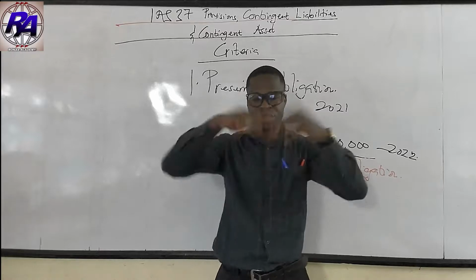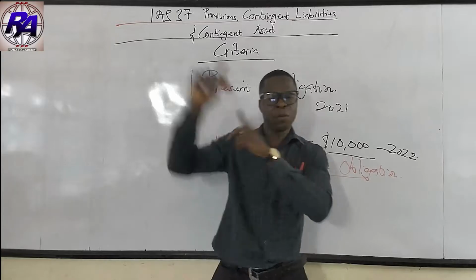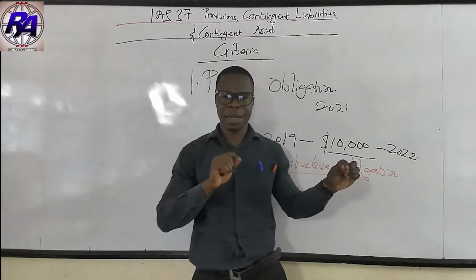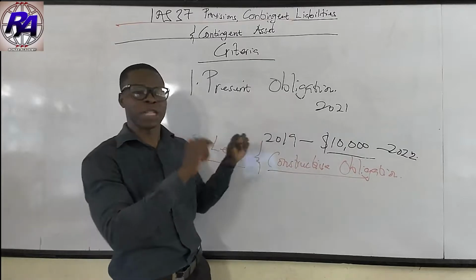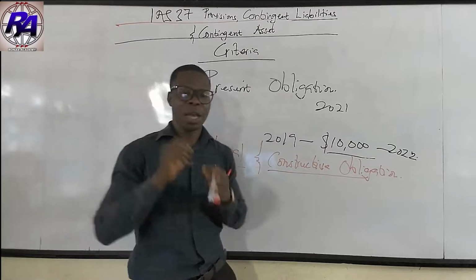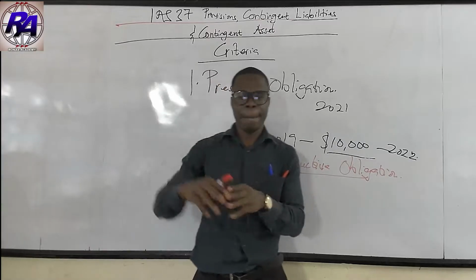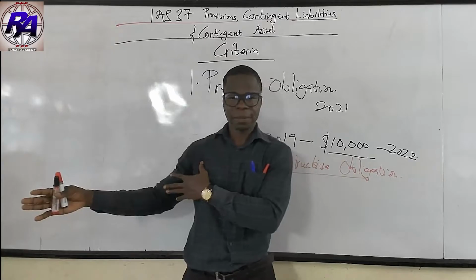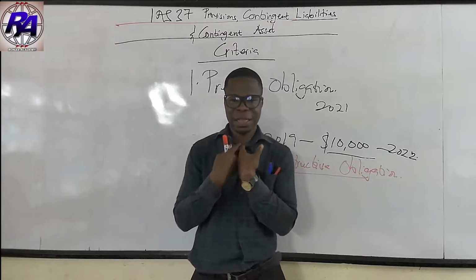Assuming that we want to restructure our firm, the structure of the firm, we want to change the management. But this is a future happening, not a past happening. So therefore, it does not present any present obligation because it is not as a result of a past event. Remember also that an obligation must be known by the second party. You cannot have an obligation as an individual.